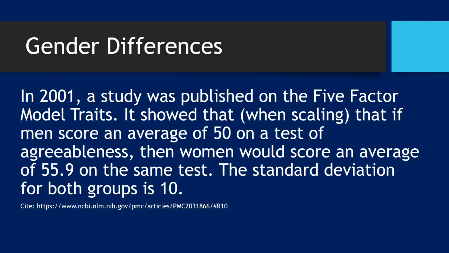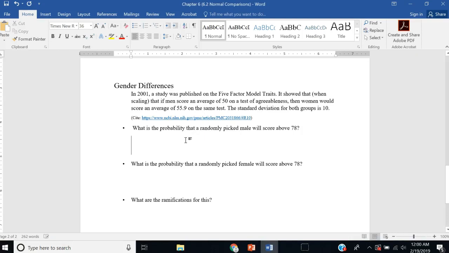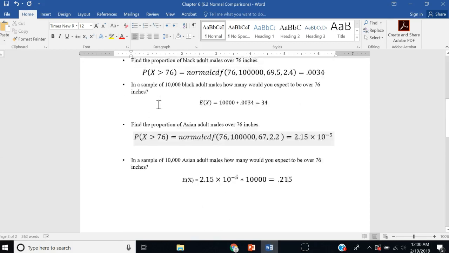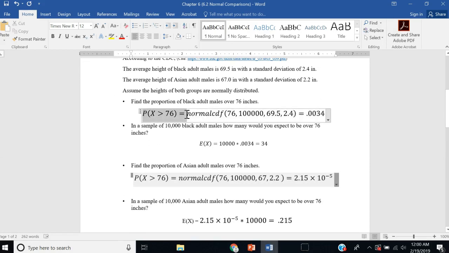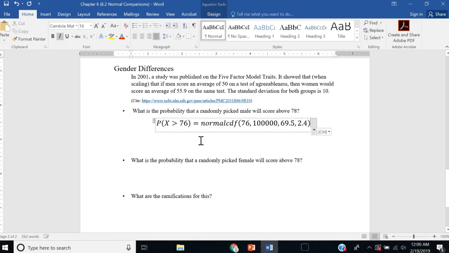All right, hopefully you went ahead and did that. When you type this in, the probability that a randomly picked male will score above 78, well, basically, we're going to do a very similar thing to what we did here. Instead of 76, now I have 78. So we're saying, what is the probability that a randomly picked male scores above 78?